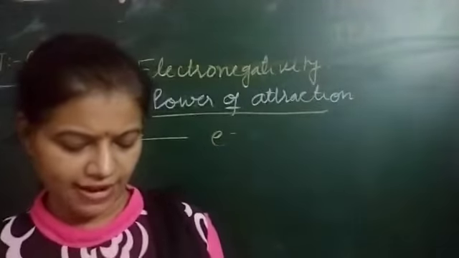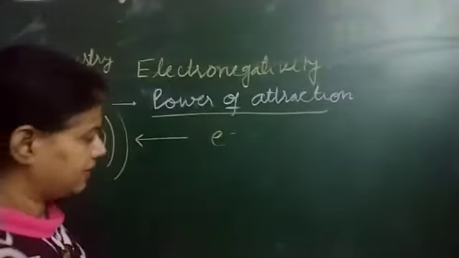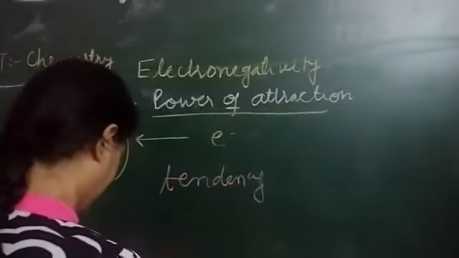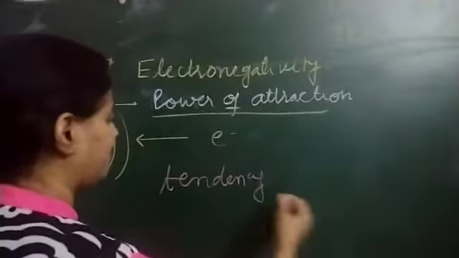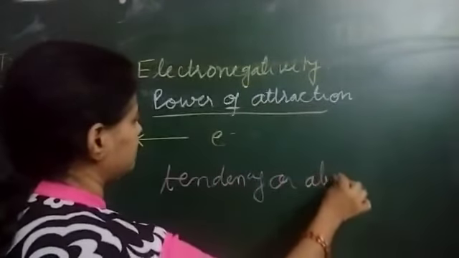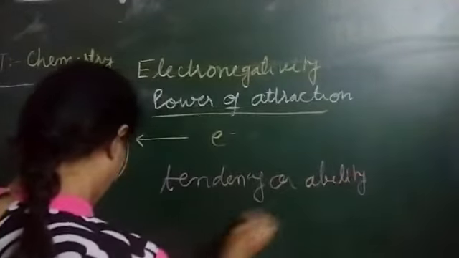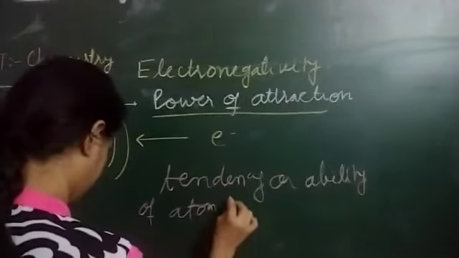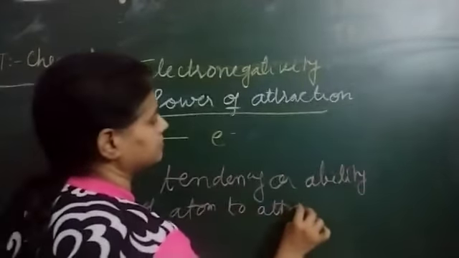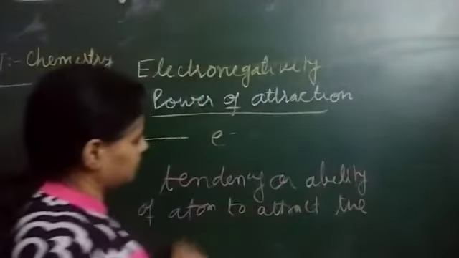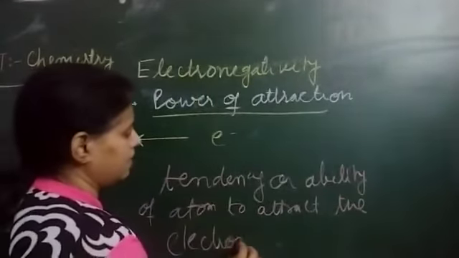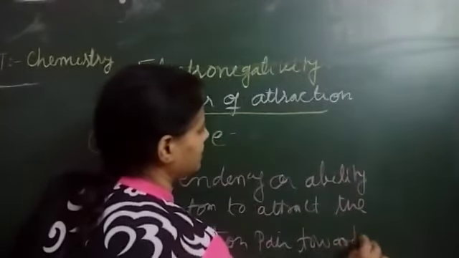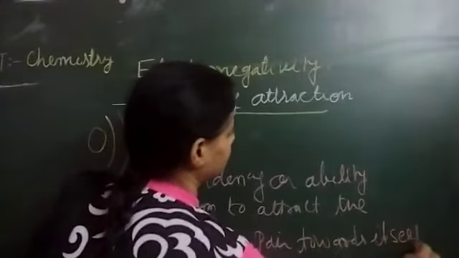Electronegativity we can define as the tendency or ability of an atom to attract the electron pair towards itself.